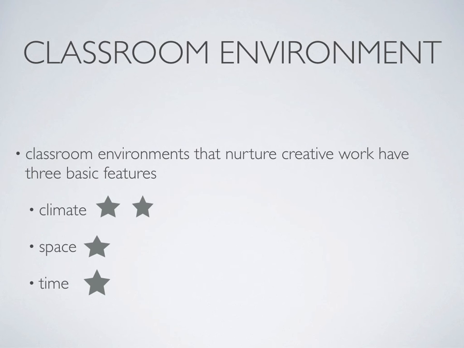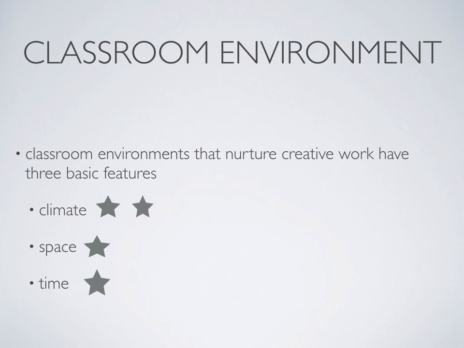So, when we are talking about classroom environment, we need to think about 3 things: the climate, the space, and the time. Typically how your classroom is set up when you first enter it before the students get there is not going to stay that way. Realistically, your classroom is not going to stay the exact same way all year long.